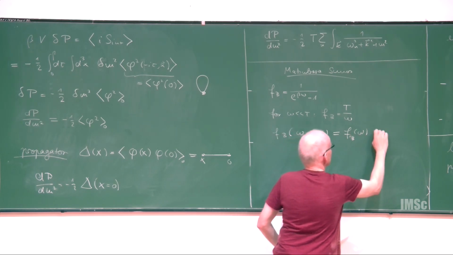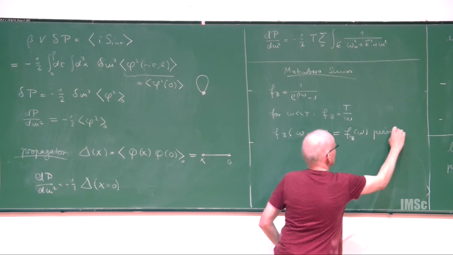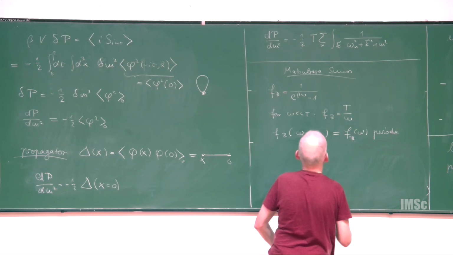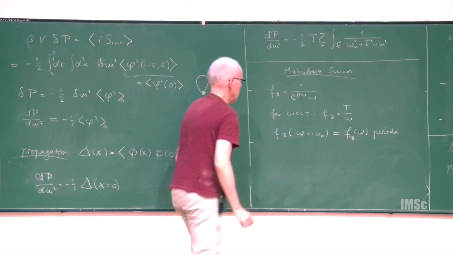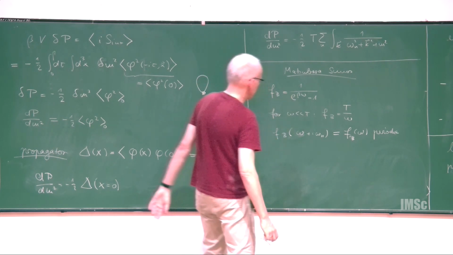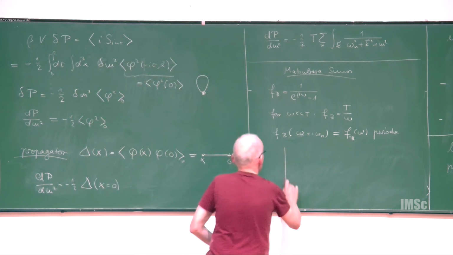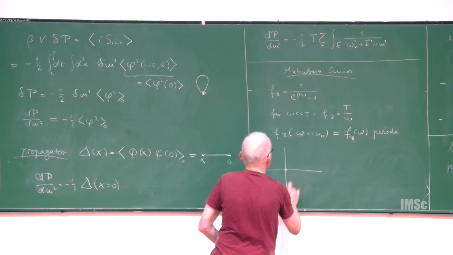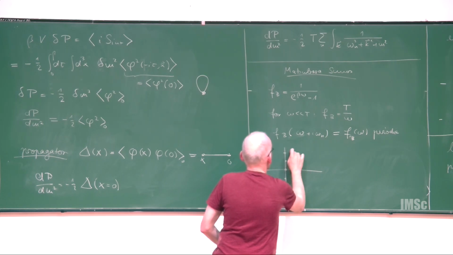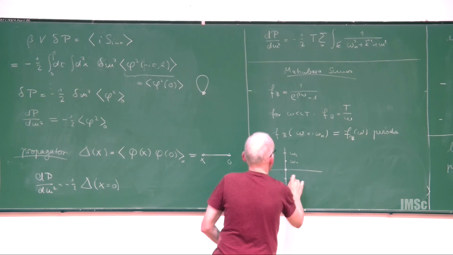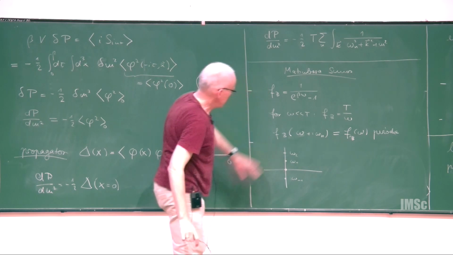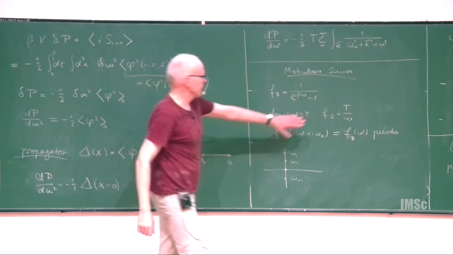So it is periodic in the imaginary direction. That means the Bose function has not only the pole at 0, but poles at all Matsubara frequencies: omega 1, omega 2, and omega minus 1, for example. They are all poles with the residue T.